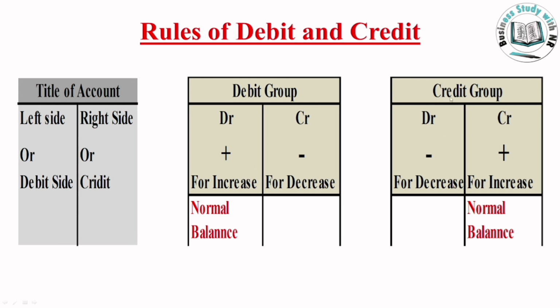On the other hand, the credit group includes capital, income and liabilities. Whenever there is an increase in this group, it will be recorded on the right side of the account, and whenever there is a decrease, it should be recorded on the left side of the account. The credit group normally has credit balances.